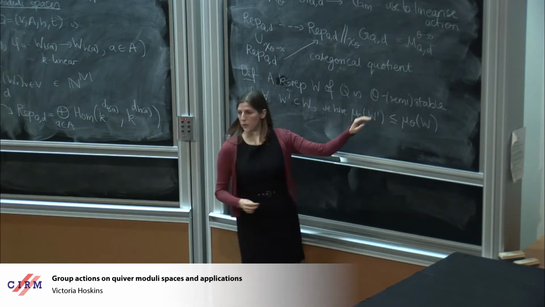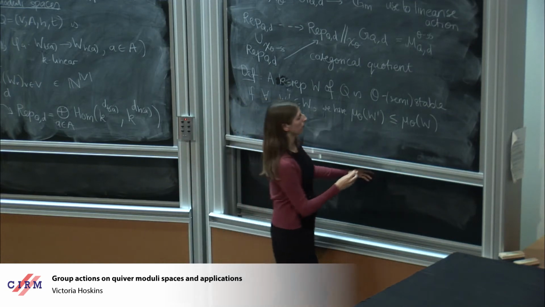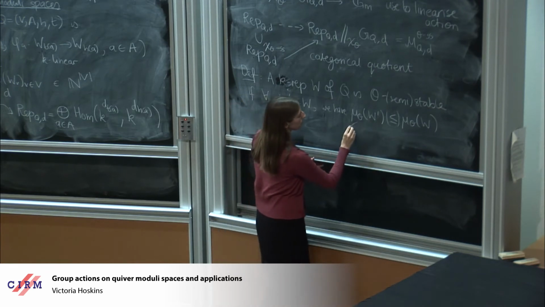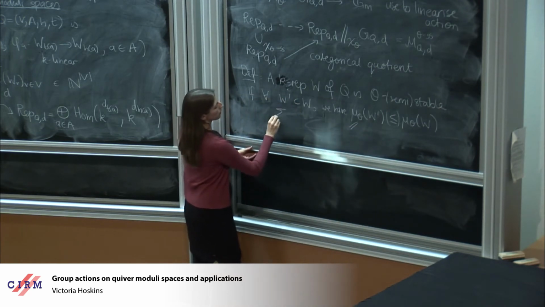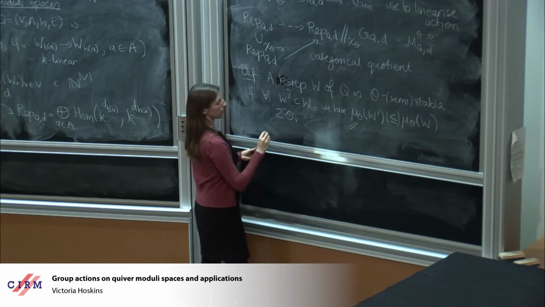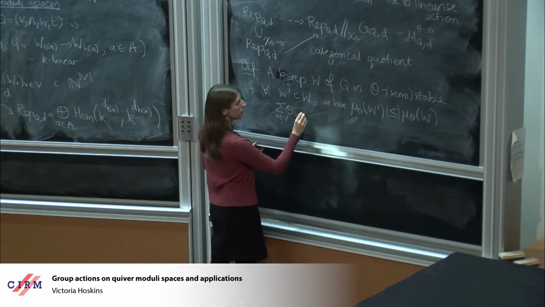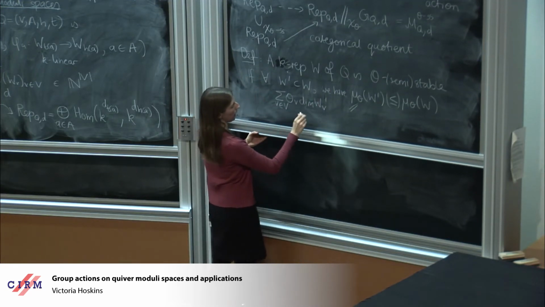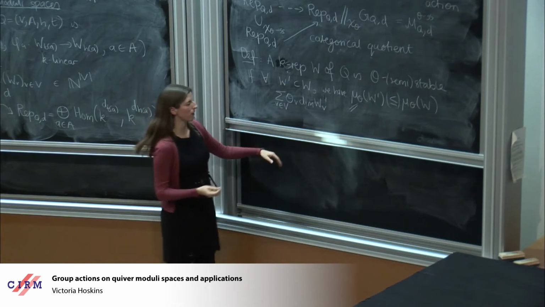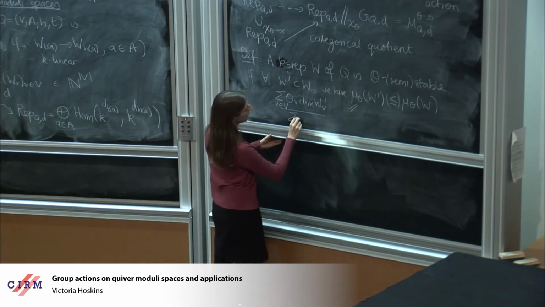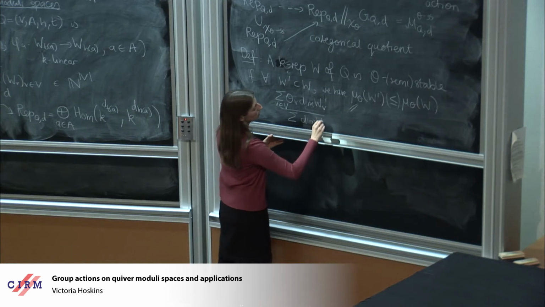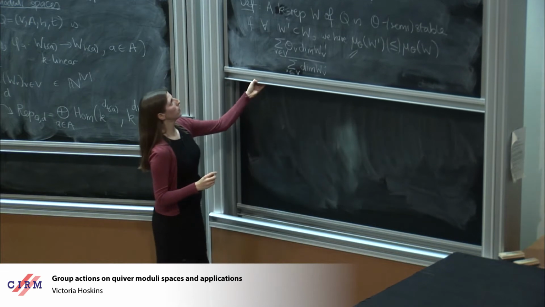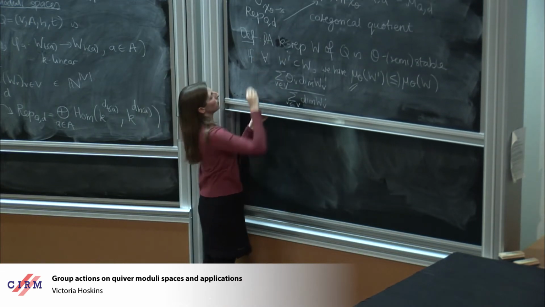For semi-stability we want less than or equal to, and for stability we want less than. And what is the definition of this theta slope? You just sum over the vertices in V, take a weighted sum of dimension vectors, and then divide by the unweighted sum of the dimension vectors.